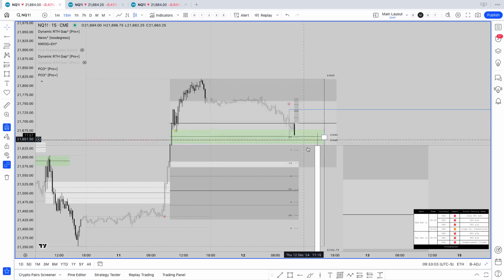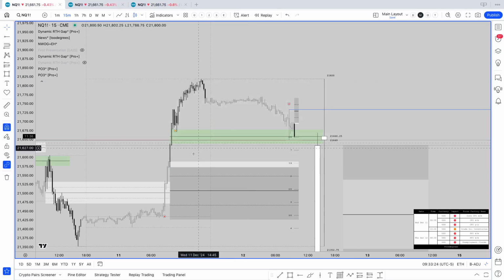Even if the market moves lower, because of my profiles and the models that I'm looking at, I can't look for shorts here because the market could reverse and take me out. So it's better for me to look for discount of this specific range and maybe look for a long later on the day. Okay?